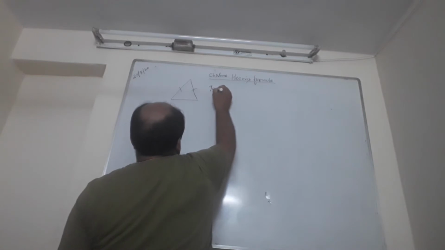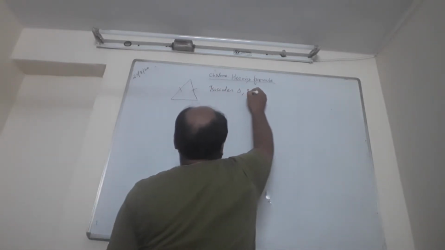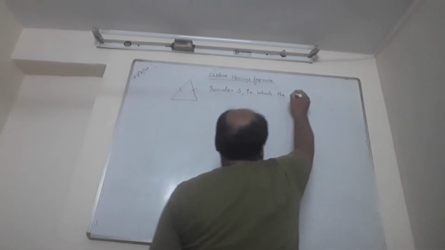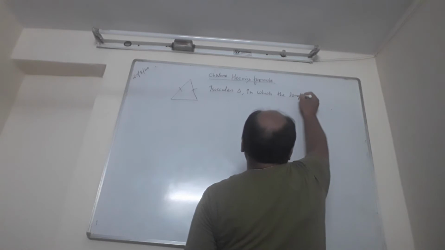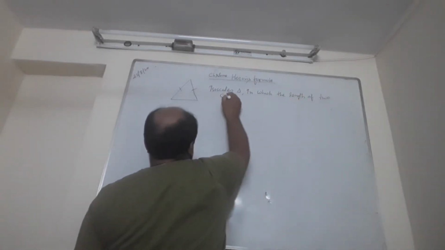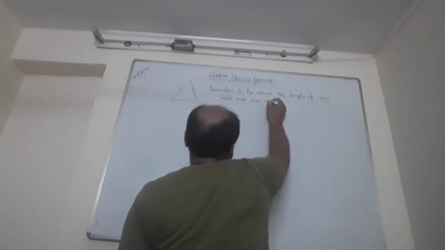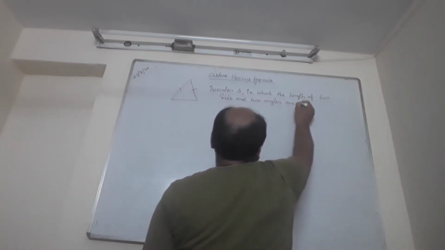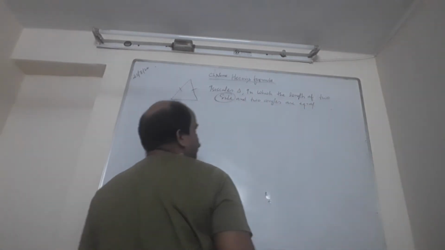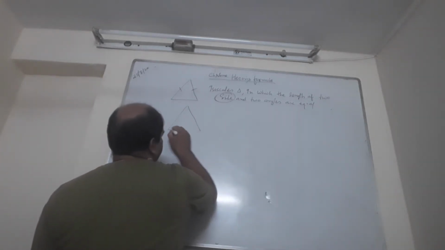So I am writing: isosceles triangle, in which the length of two sides and two angles are equal. But here we are concerned only about the sides. Two sides are equal.